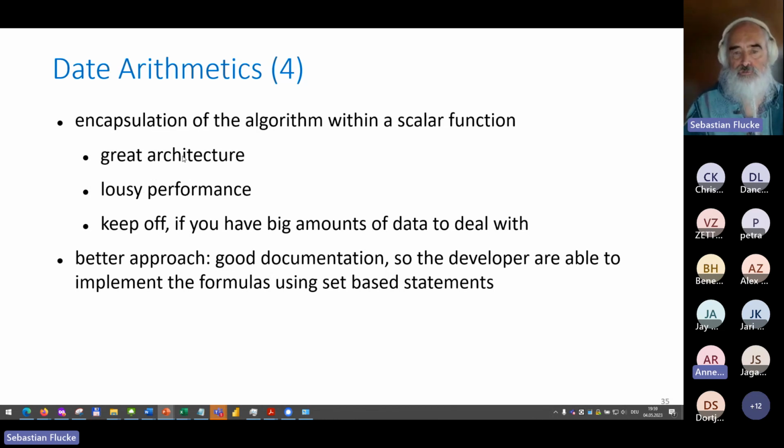From an architectural point of view, it's a good idea, but not if you have a big amount of data to deal with. The better approach is to create good documentation on how the calculation has to be made, what values you have to pick, what plus and minus you have to calculate, and then your developers will be able to implement the respective formulas in their set-based statements with a very, very huge performance gain compared to those quite cool scalar functions.